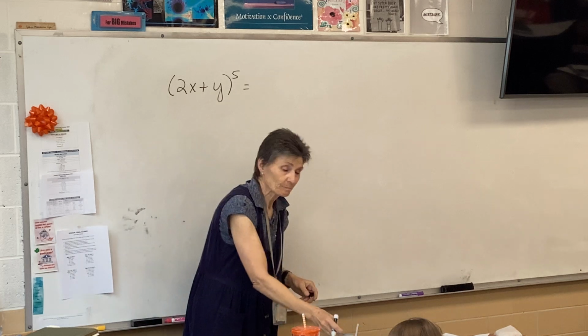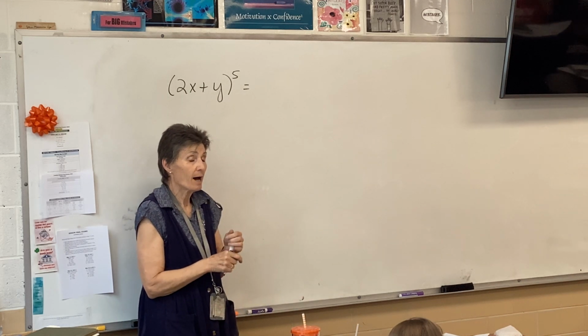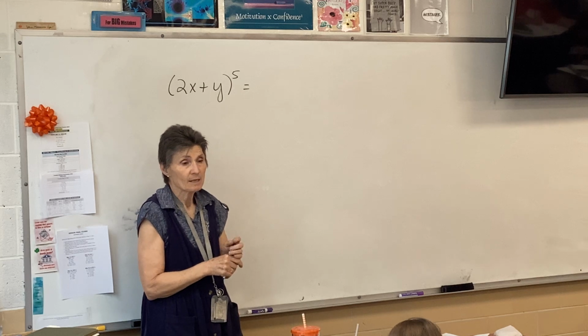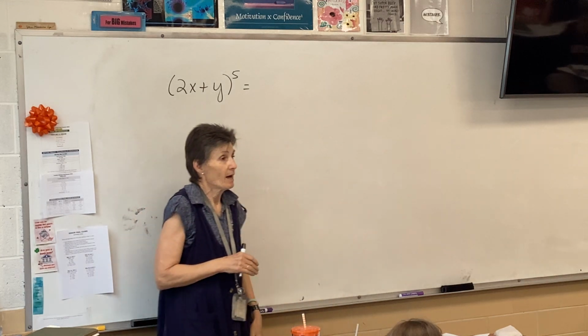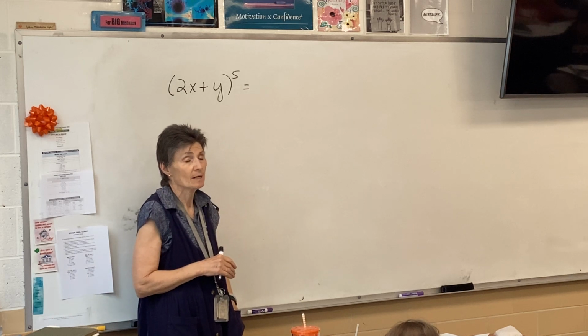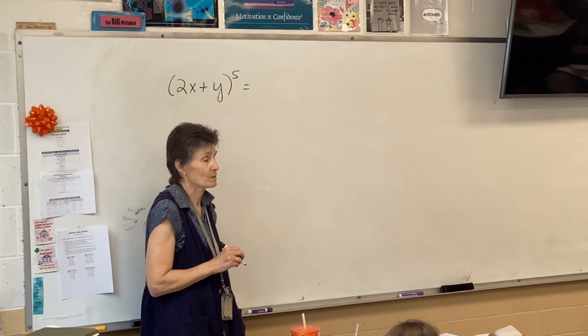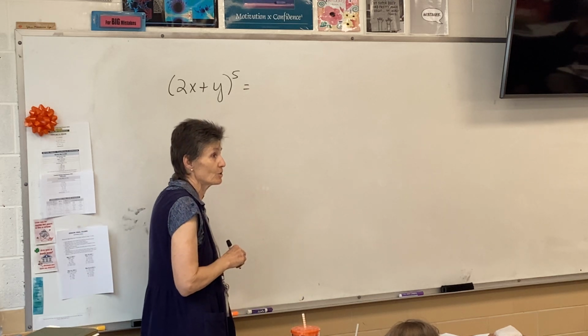Okay? Now, first thing I do when I expand is, because I'm going to have a bunch of terms with the cross, I figure out what are going to be my coefficients for those terms. Anybody remember how we get the coefficients for the terms?